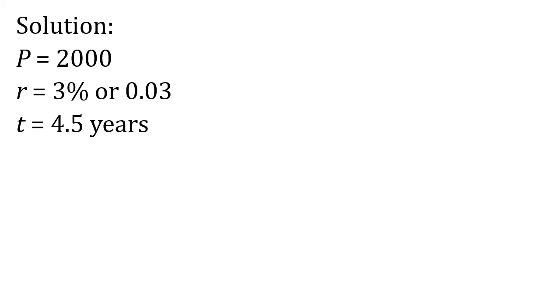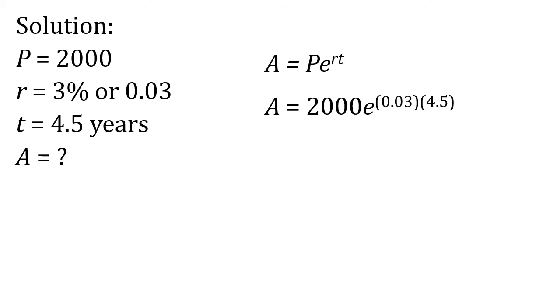So 4 years and 6 months is 4.5 years. So A equals question mark because we will be solving for A. So let us use this formula, A equals P e raised to rt. So A equals 2,000 pesos times e raised to 0.03 times 4.5.